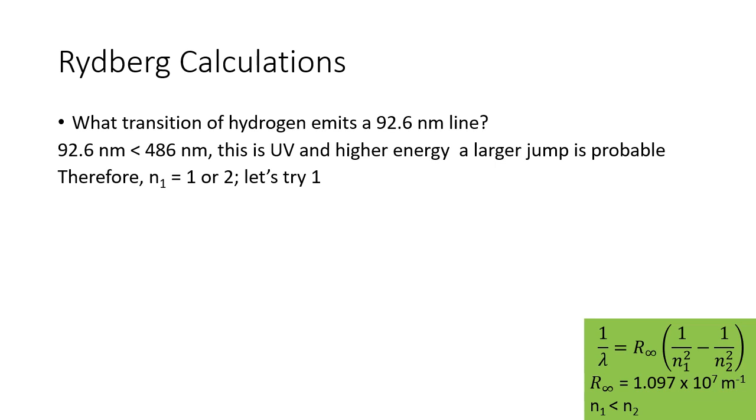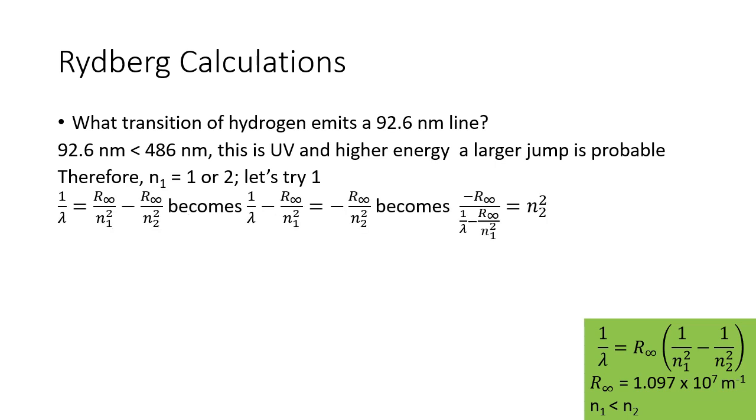Okay, so at this point, I rearrange the Rydberg equation. I start with distributing the Rydberg constant, and then I subtract R infinity over n1 squared from both sides. From there, I take the inverse, and I also multiply by R infinity on both sides, and I get this fun equation here.